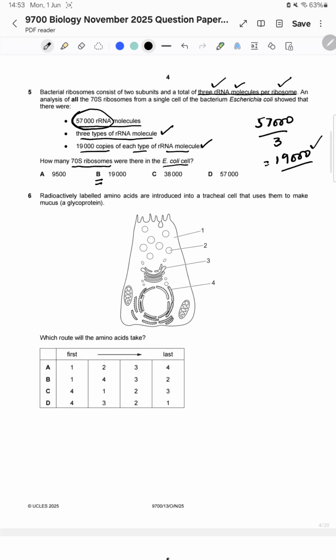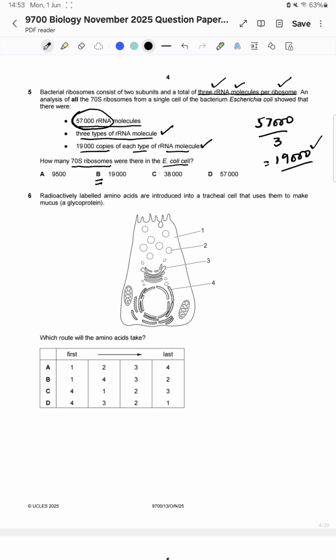And you can also double check it with the rest of the options, but you can simply solve it with the first one. Moving on, radioactively labeled amino acids are introduced into tracheal cell that uses them to make mucus, a glycoprotein. Which route will the amino acid take? Now we can see in this cell they have labeled a few things. Basically we have to understand from where it is going to start.